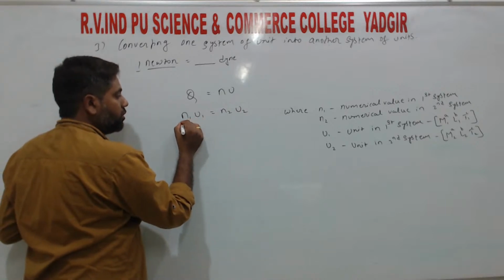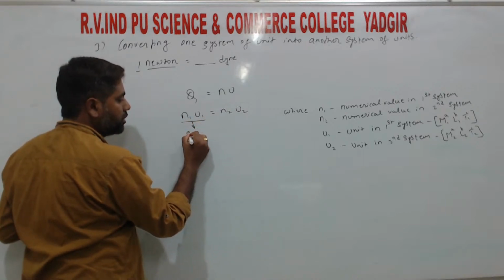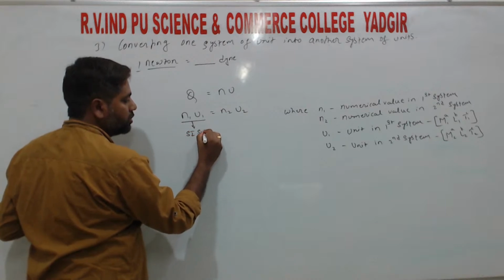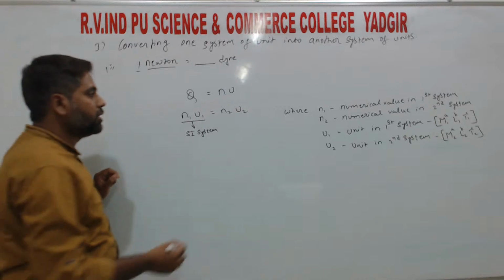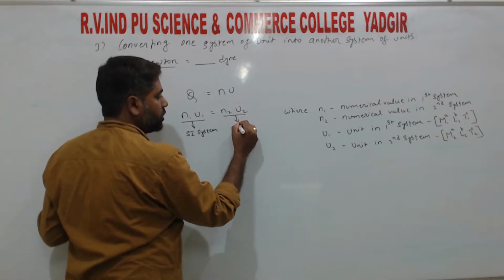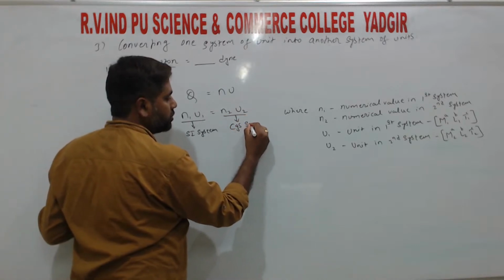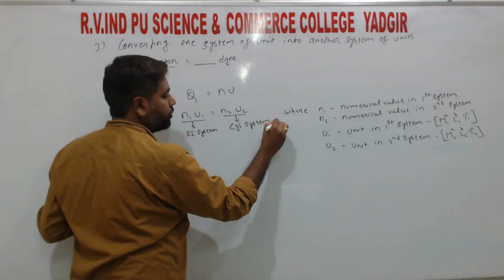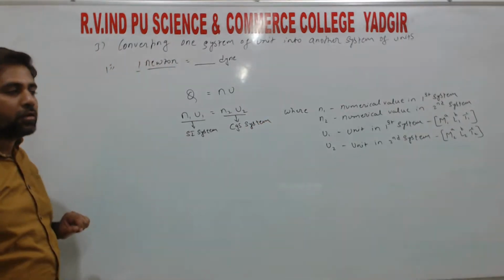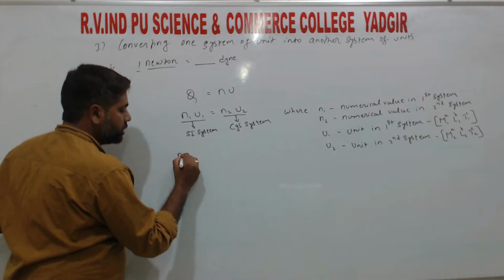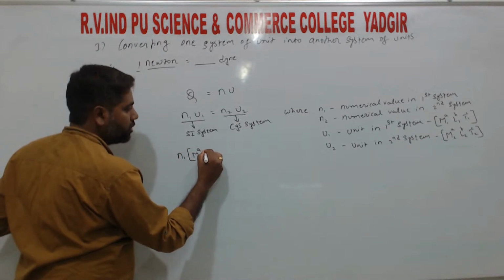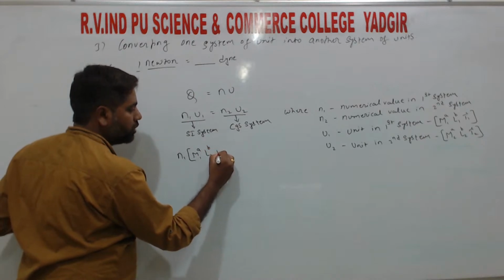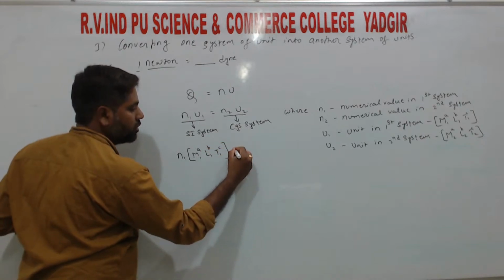Newton is our SI system, and U2 is the CGS system, right? So now writing the dimensions: N1, M1 power a, L1 power b, T1 power c, right?